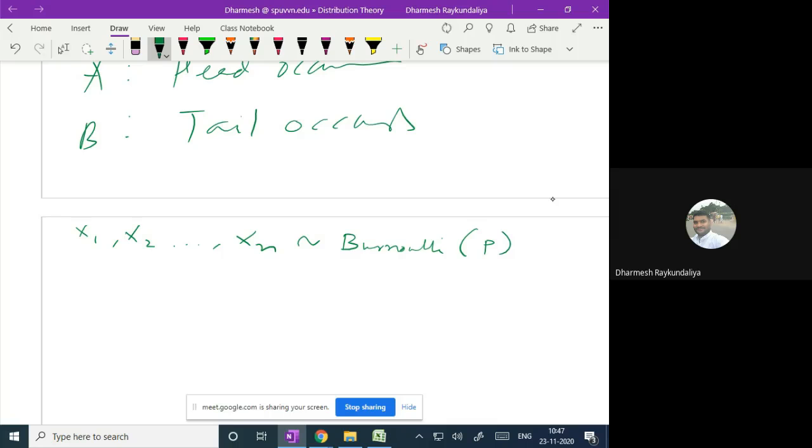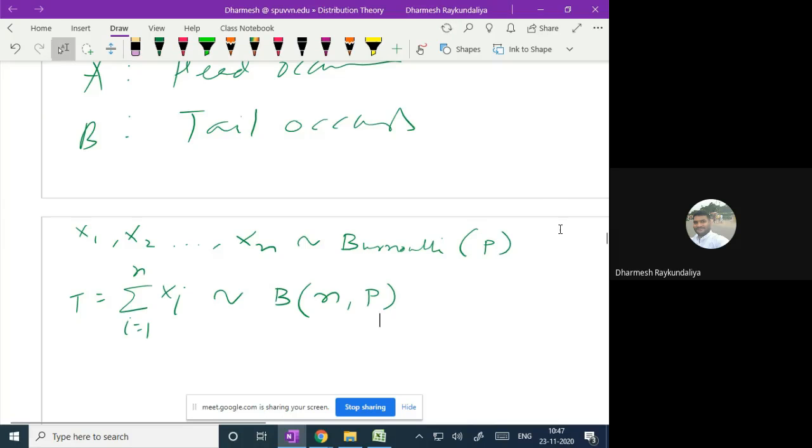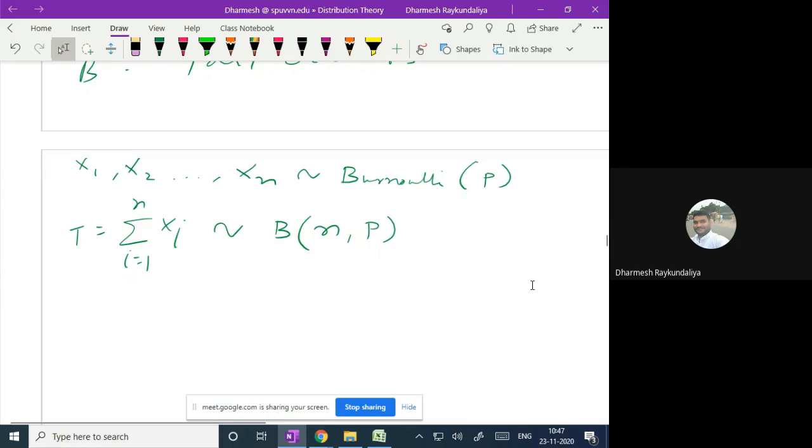Then, with n trials, T equal to the sum of Xi for i equal to 1 to n is nothing but binomial with n and p. n is the number of trials, and p remains the probability of success. So when X1, X2, ..., Xn are Bernoulli trials with the probability of success remaining the same at each trial, the sum of the Bernoulli trials has the binomial distribution.